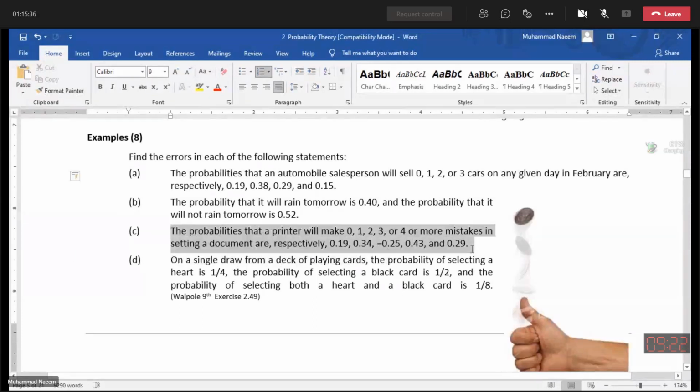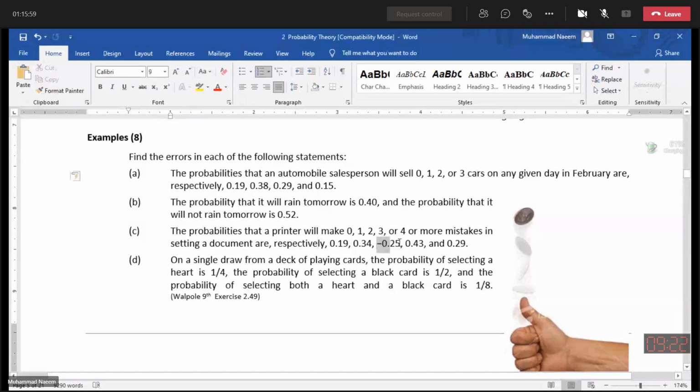In this part, a probability of something is given as negative, which is wrong. A probability must be between 0 and 1. It may be 0, yes, okay, but not exceeding 1. It always falls between 0 and 1.